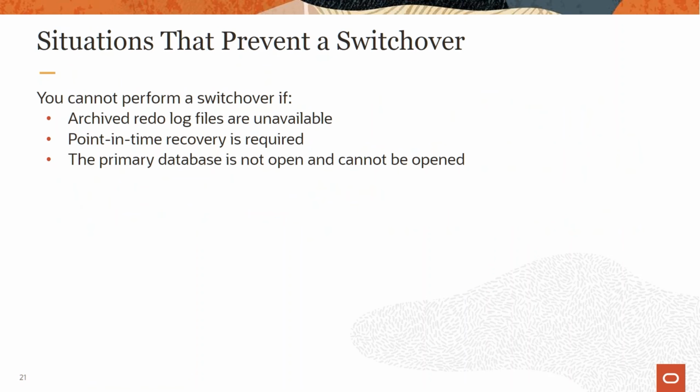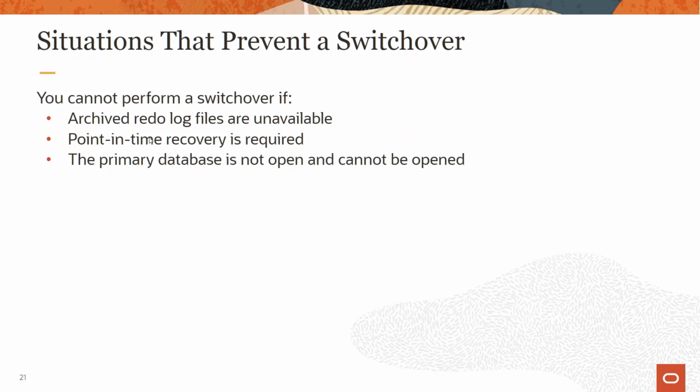And situations that prevent switchover. The switchover operation always checks synchronization. Only when the primary database and standby database are synchronized can we initiate switchover. When you initiate switchover and Oracle detects a synchronization issue, then the switchover operation will be stopped.